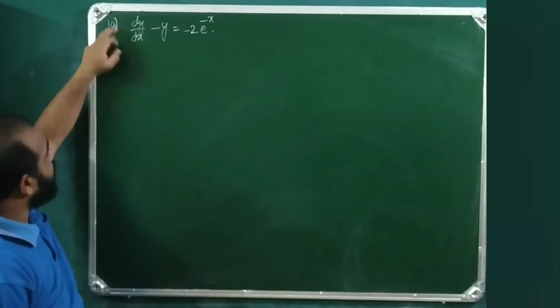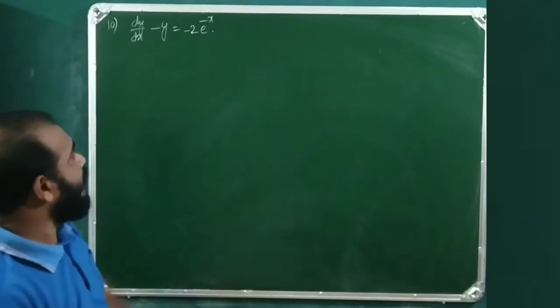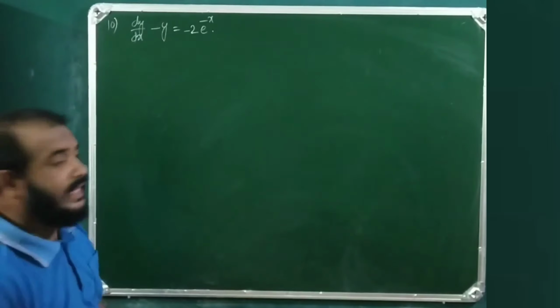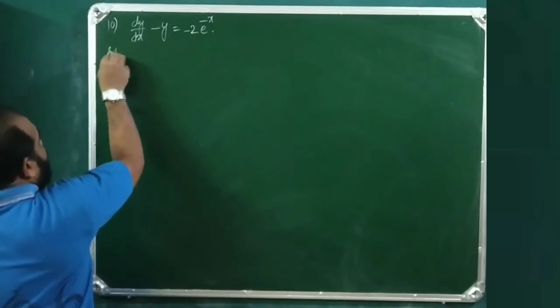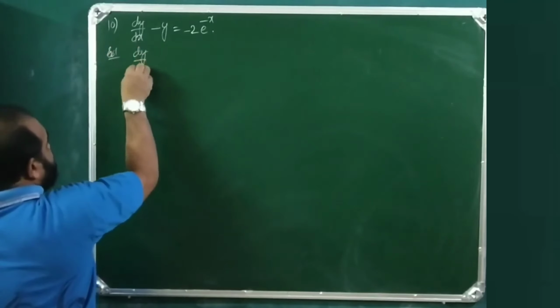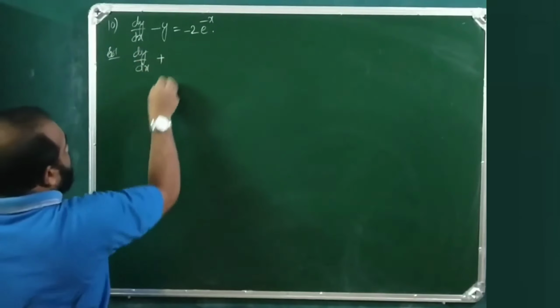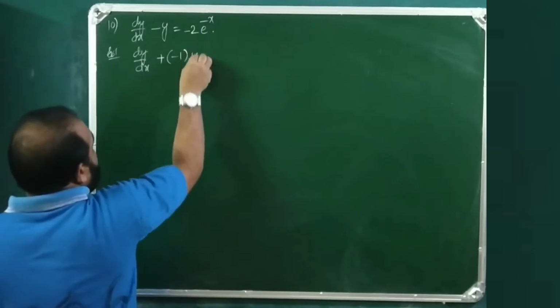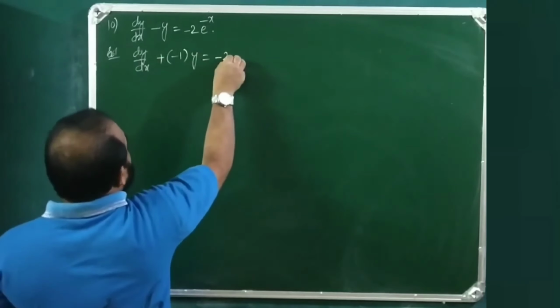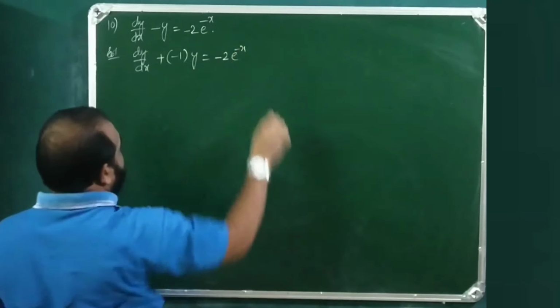So 10th question: dy by dx minus y equals minus 2 into e power minus x. This is dy by dx plus (minus 1) into y equals minus 2 e power minus x.